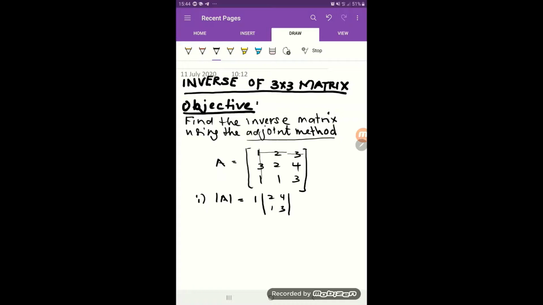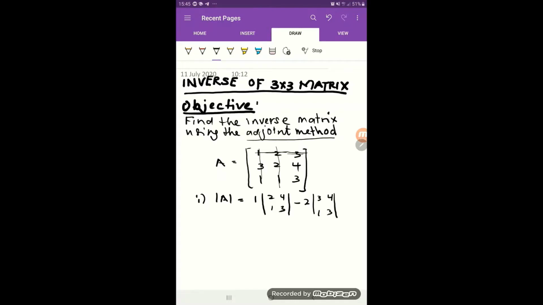Go through to the second element, A12. The sign is negative, 2, and then deleting the first row and the second column. You can find that the numbers not deleted here are 3, 4, 1, 3.